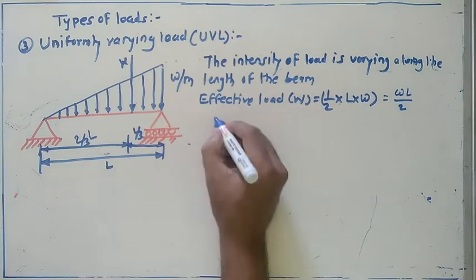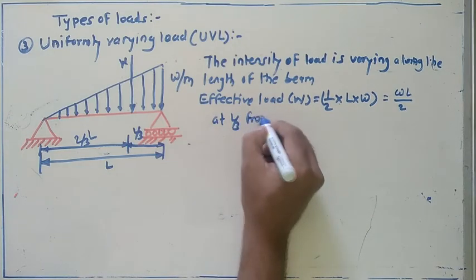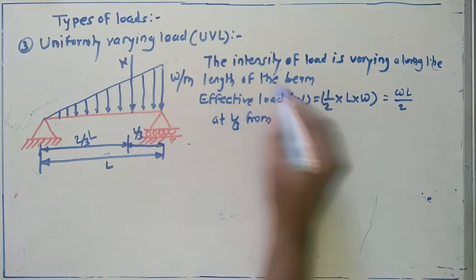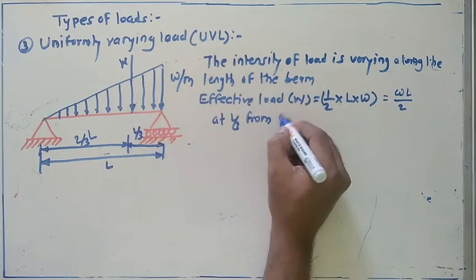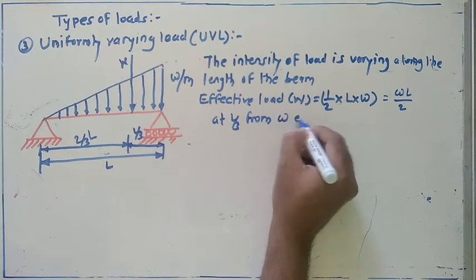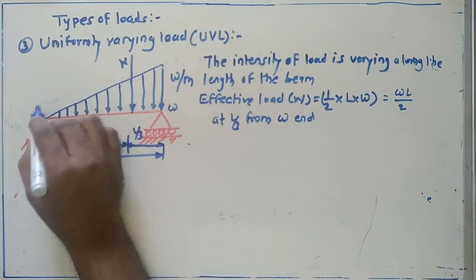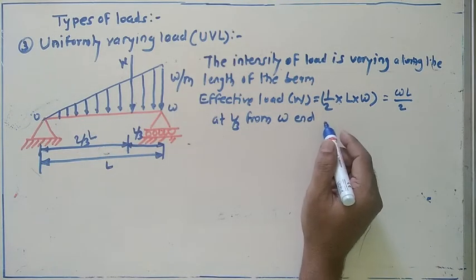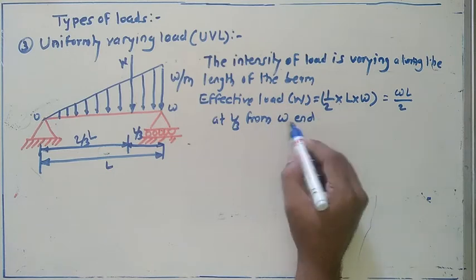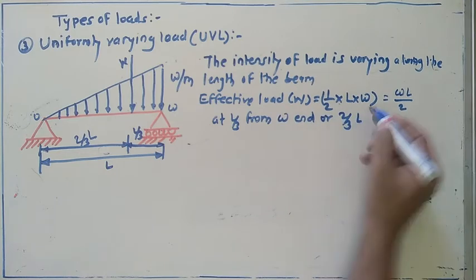That will act at L by 3 from this end. Let's say this one is the W end and this one is the O end. It acts at 2 by 3 into L from the O end.